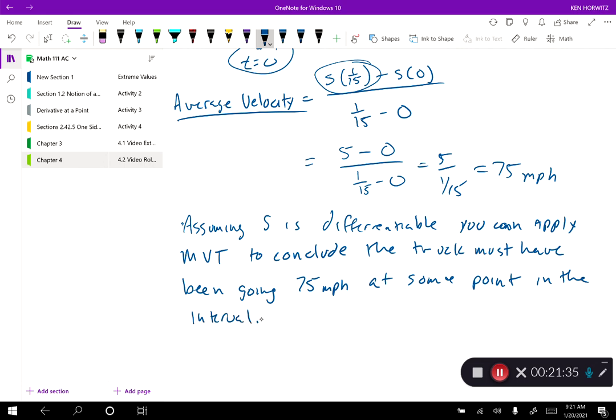Because the mean value theorem says at some point in that interval, you're going to be going the slope, and the slope here was 75.